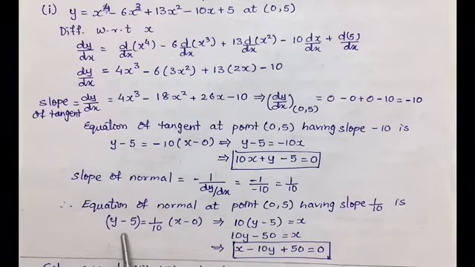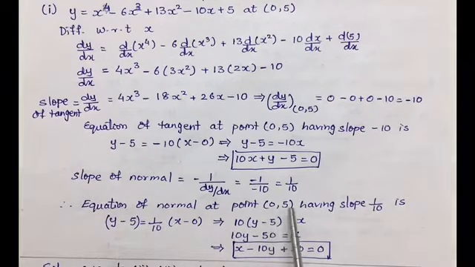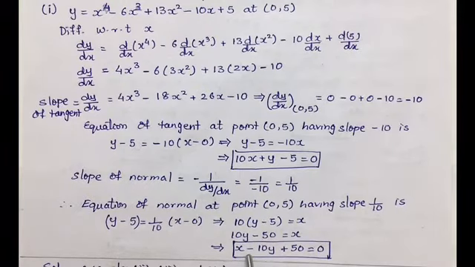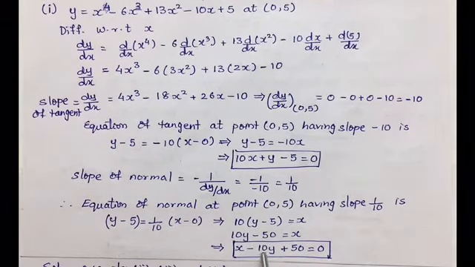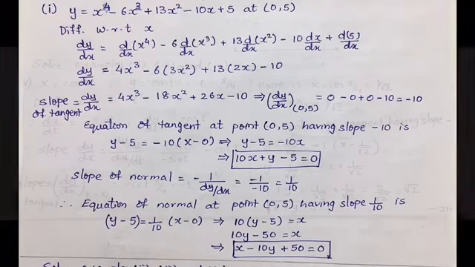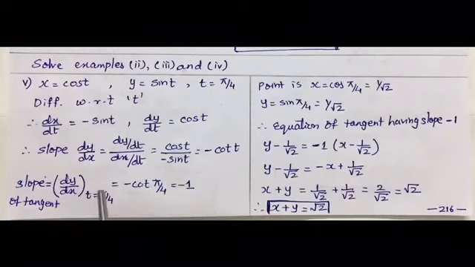Hence, keeping the values of x0 and y0 in the equation, we get y minus 5 equal to 1 by 10 times x minus 0. Taking 10 to the other side, it becomes 10y minus 50 equal to x. And taking 10y and minus 50 to the other side, the equation of the normal becomes x minus 10y plus 50 equal to 0.